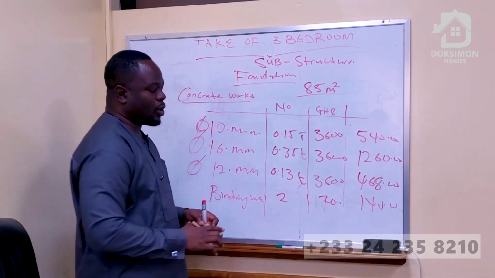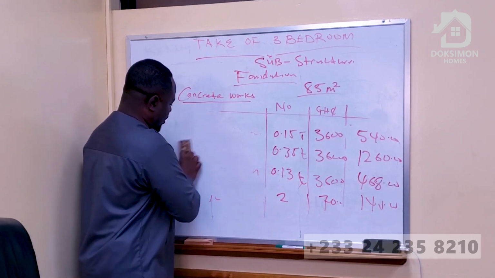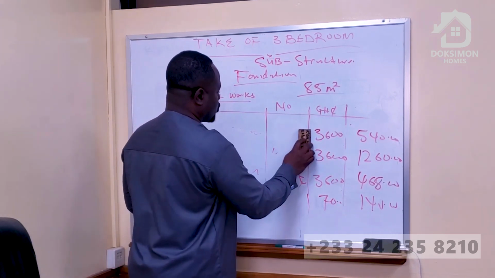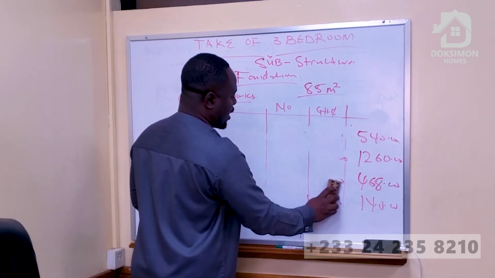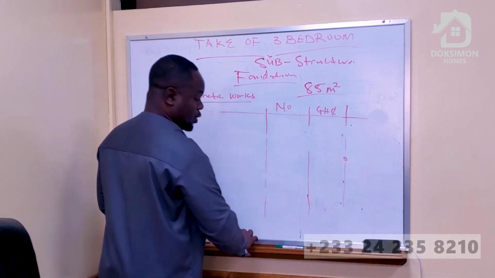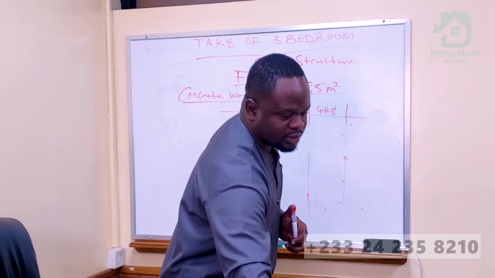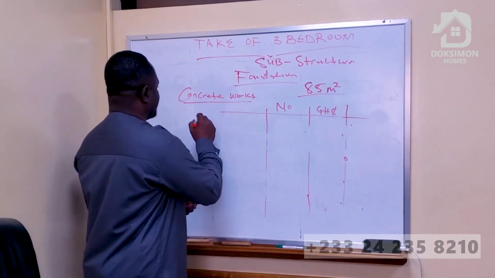So we've had our block work, we've had our concrete that goes into the foundation, we've had the iron rods also. So now we're going to jump to the formwork.